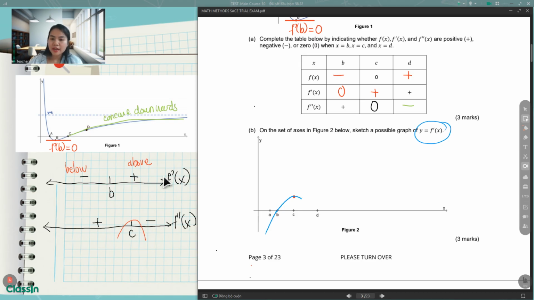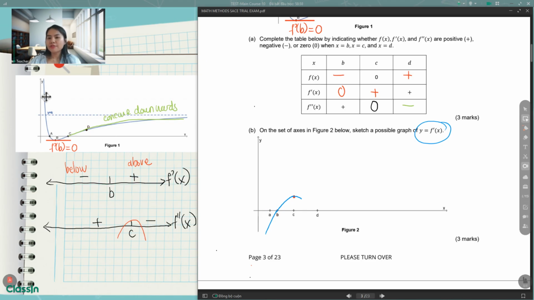And you can see that according to the f dash x sign diagram, when x is more than b, f dash x is positive, indicating that the graph f dash x would be above the x-axis when x is more than b. So from here, you cannot continue drawing that it crosses the x-axis. It's not going to cross the x-axis because it's positive, it's above the x-axis.